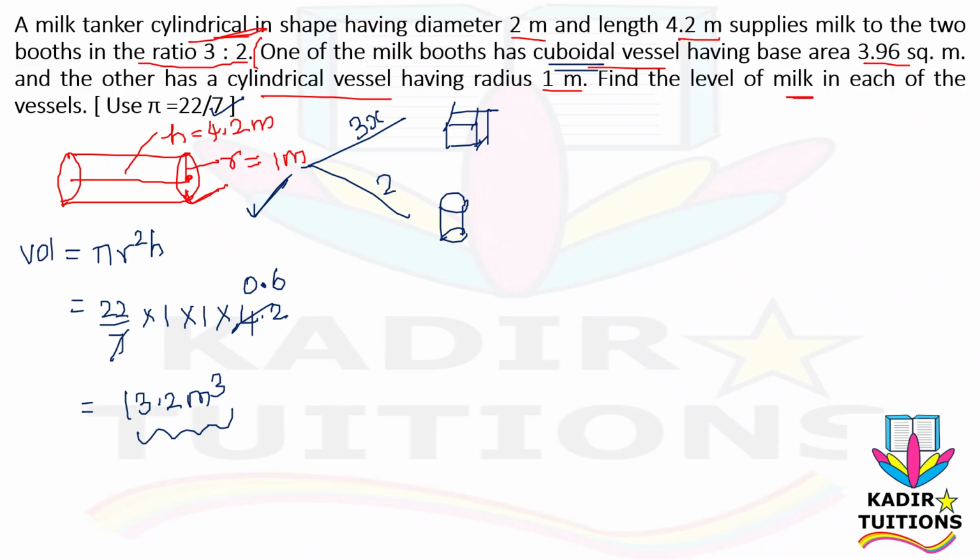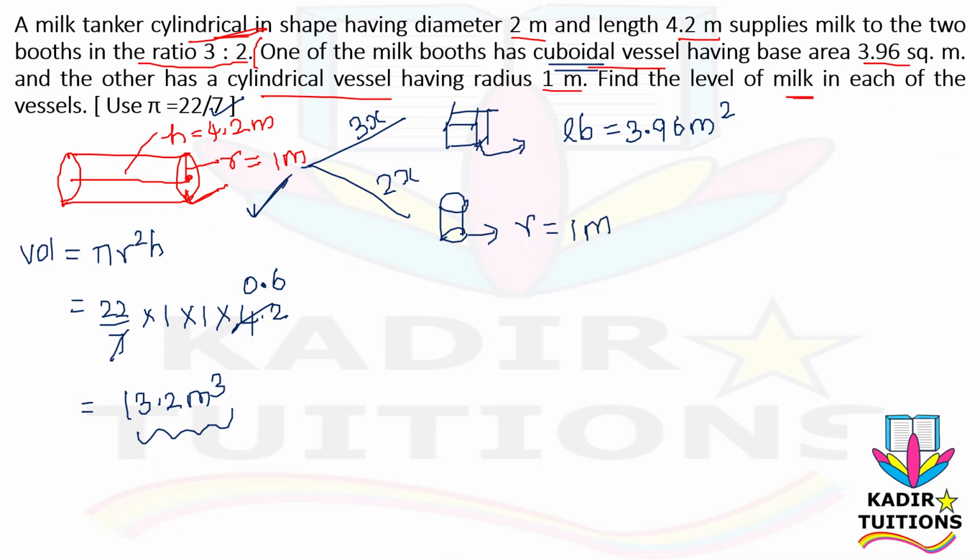So we can make this 3x and 2x. They have also given the base area of the cuboid. The base of the cuboid is a rectangle, so the base area, which is LB, equals 3.96 meter square. For the cylindrical vessel, they have mentioned only the radius, which is 1 meter.